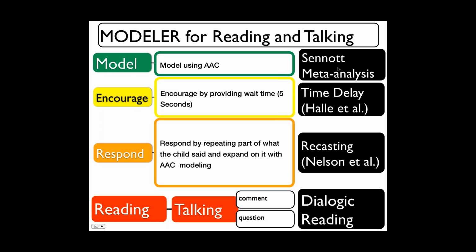And notice that he is sharing some of the research that supports this, things like recasting. Nelson and colleagues have studied recasting, where we're responding. If the child says like, then I'm saying, yes, you like it. If the child says look, you say, that's right, they're looking at me, or they're looking at you.